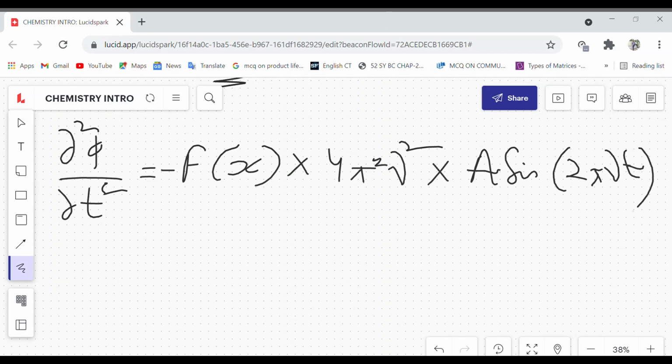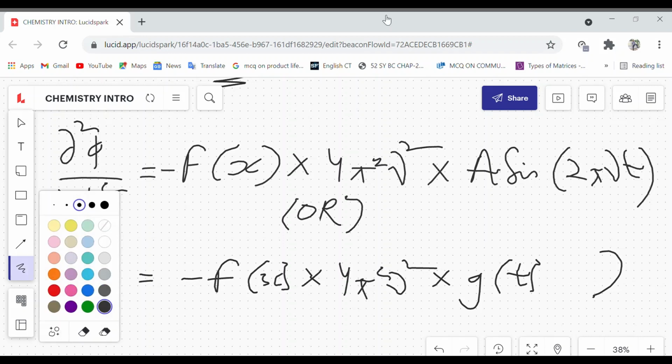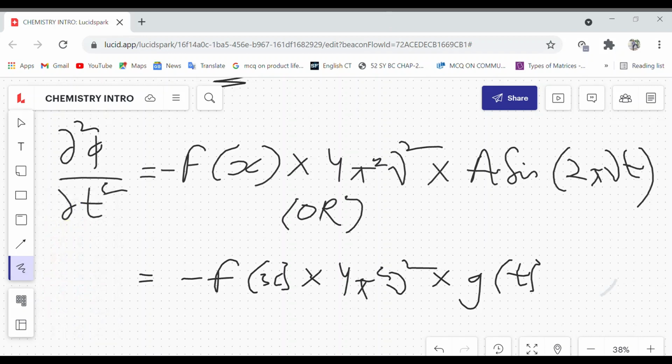Got it? Or we can write this in another manner, minus f of x into 4 pi square nu square into g of t. The pen is showing some problem. Let me do it again.